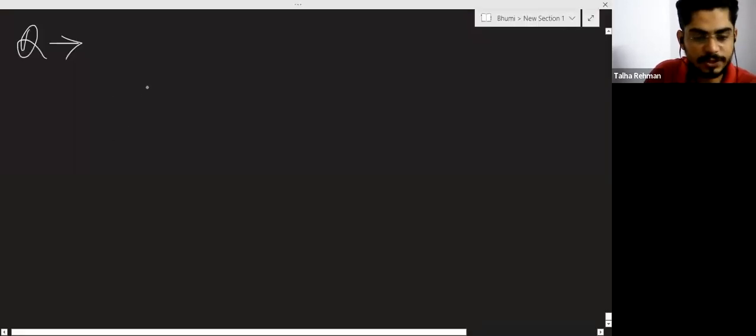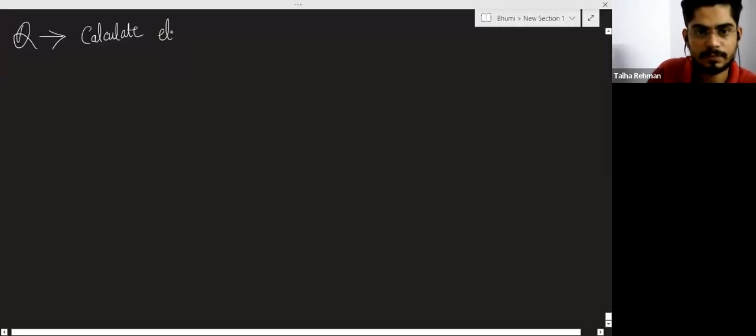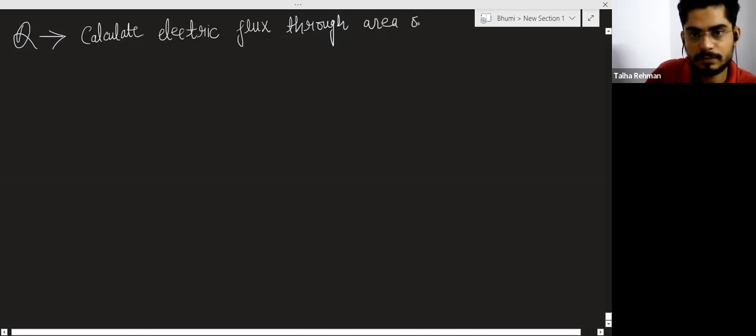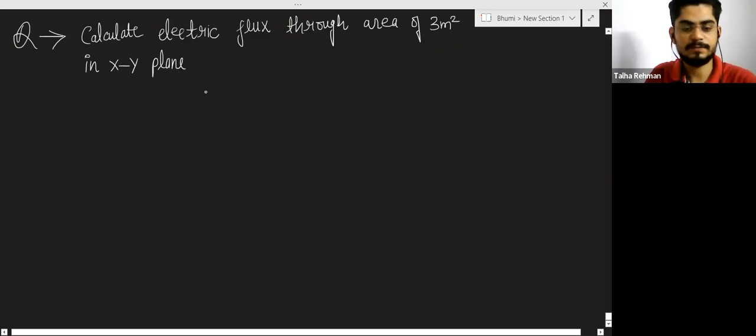The question is, we have to calculate the electric flux through an area of 3 meter square in the xy plane.